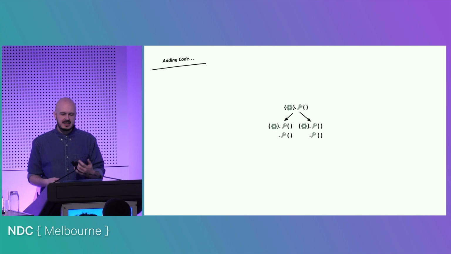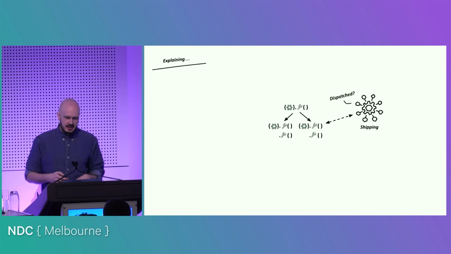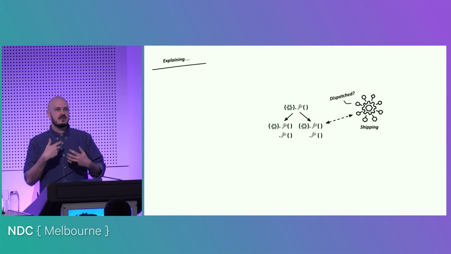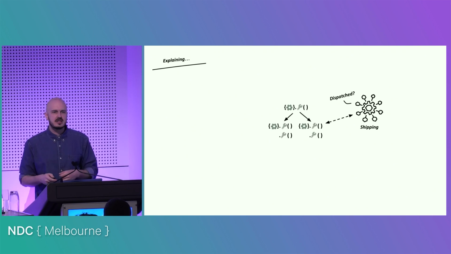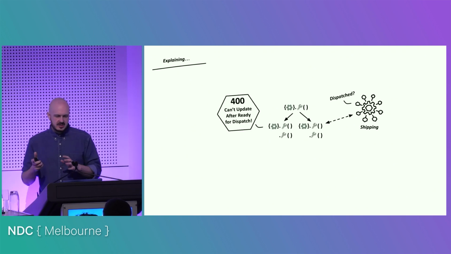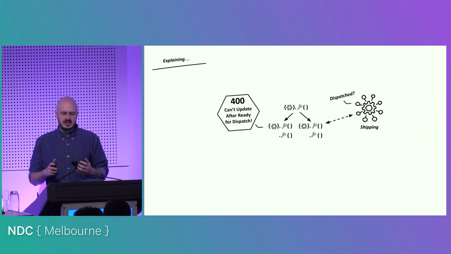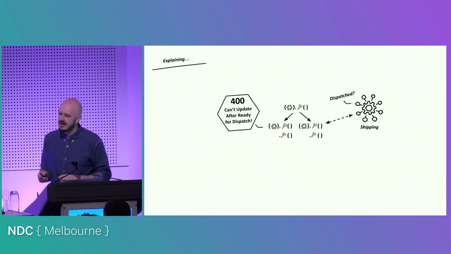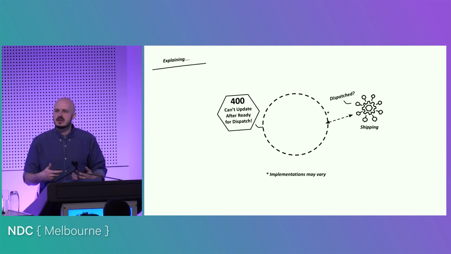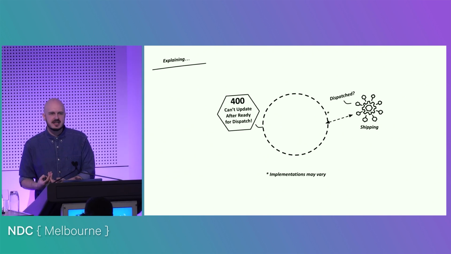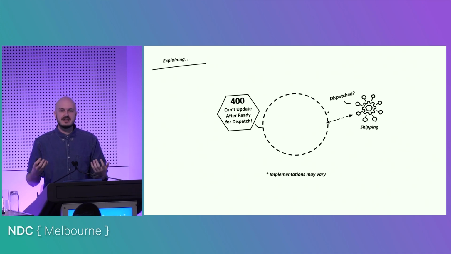We'll add a few more classes to handle this little issue. Maybe this class over here is reaching out to the shipping service to find out if the order was already marked as ready for dispatch. And maybe over here, we're encapsulating a little 400 error: you can't remove items after we've marked it as ready for shipping. And I know that probably sounds a bit much for their own classes, but all I'm illustrating here is there is more responsibility now, so that's got to go and live somewhere in our code.